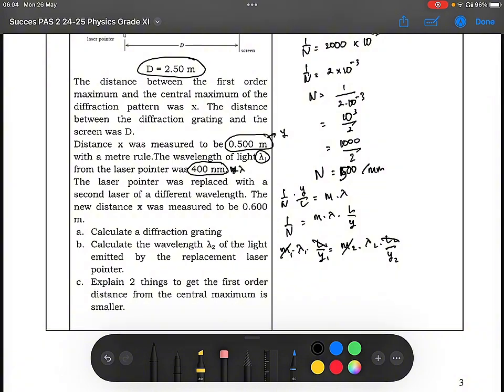So you can do a ratio. Lambda 1 is 400, Y1 is half a meter, and the lambda 2 is what I define, and the Y2 is given. So lambda moves to 0.5 is 400.